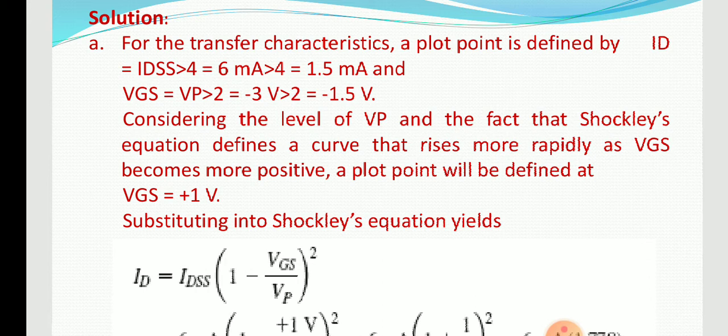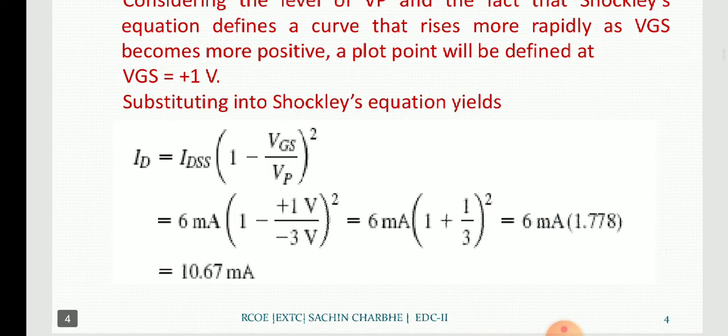So what is Shockley's equation? Shockley's equation is drain current equals IDSS into 1 minus VGS by VP whole square. So we put IDSS equals 6 milliampere into 1 minus VGS, that is 1 volt, which we consider.